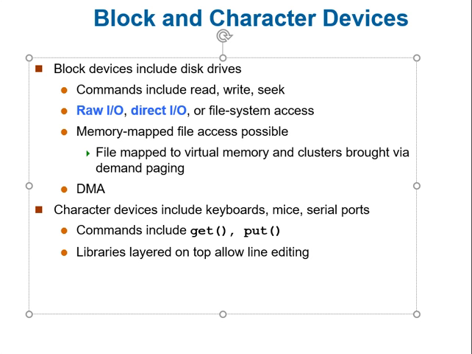For character devices, like the keyboard, mouse, or serial port, they support a character stream interface. The basic system calls in this interface enable an application to run the get or put function on a character. On top of this interface, libraries can be built that offer line-at-a-time access with buffering and editing services.